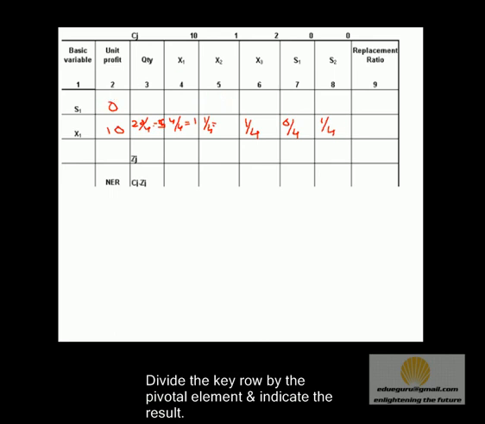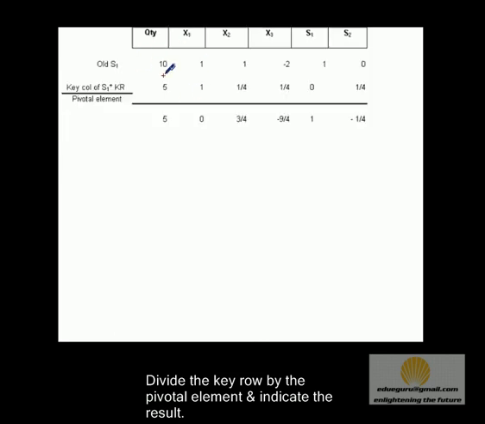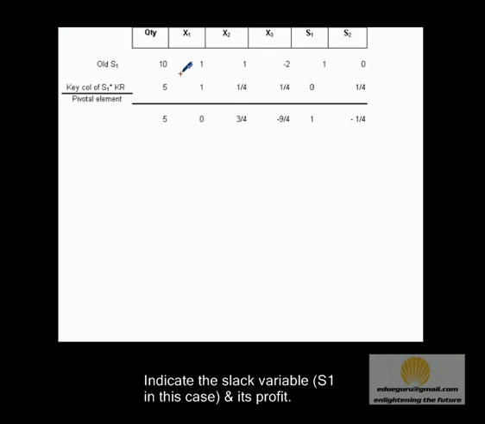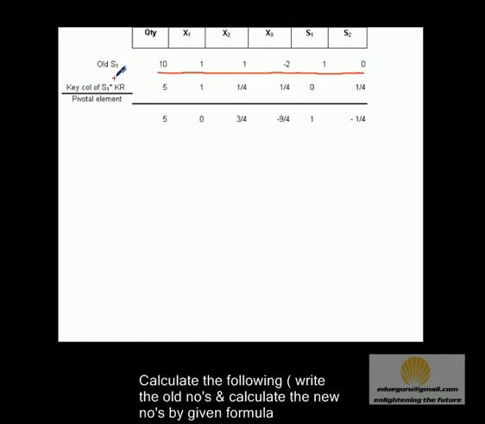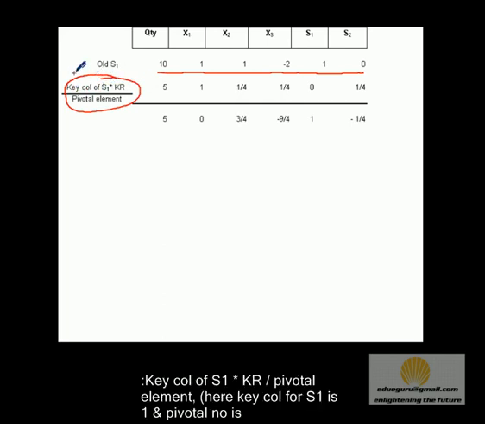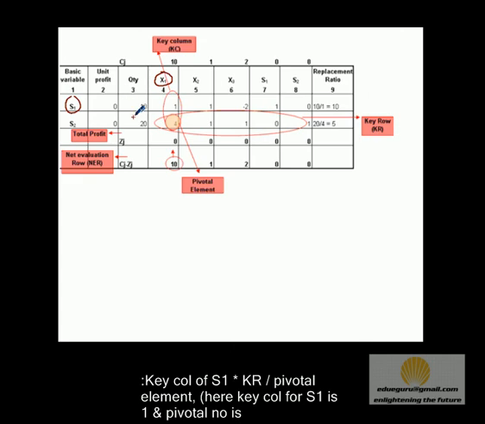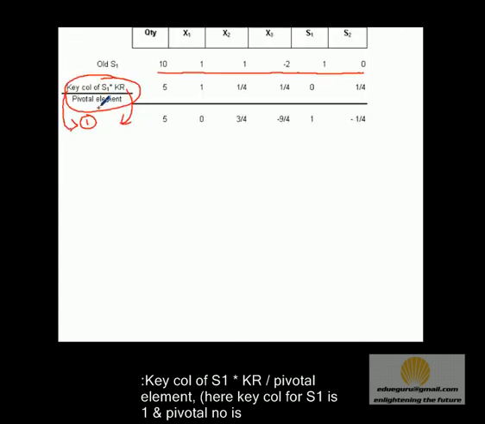And for S1, we need to do some calculation. We put the whole row of S1 here, and we calculate a new row using the key column number for S1, which is 1 in this case. We know the key row, and we know the pivotal element, which is 4.